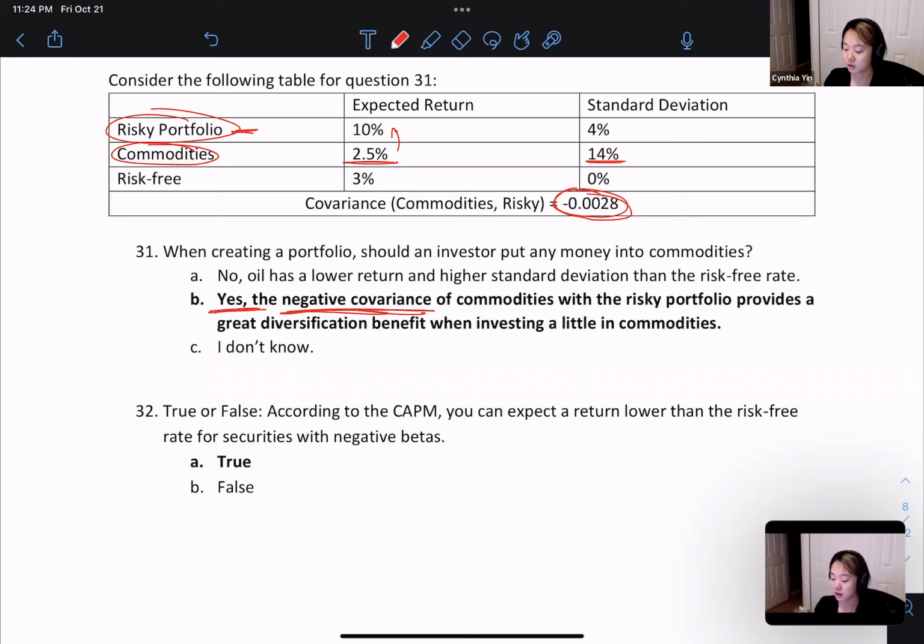That's why you still want to hold it. And that's also why A is wrong, because A says, no, oil has a lower return and higher standard deviation, so it's a very bad deal. You don't need to hold it, but that's not the case because negative covariance can improve your portfolio performance even more, okay?